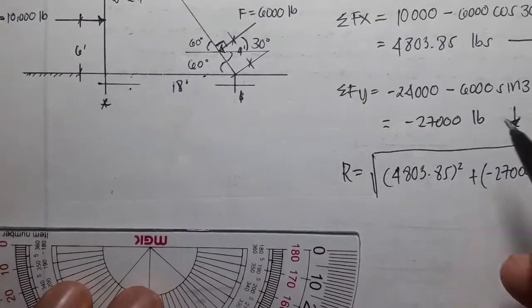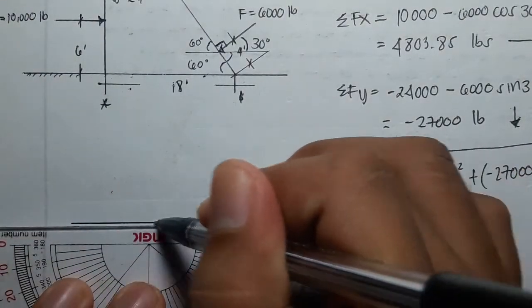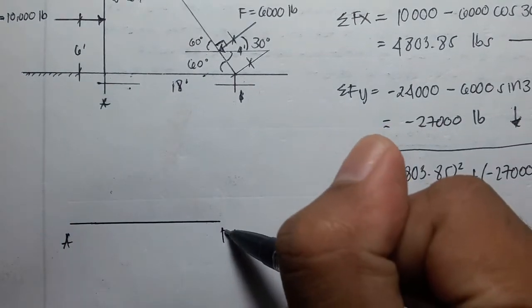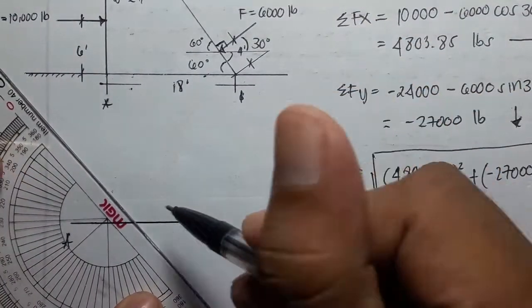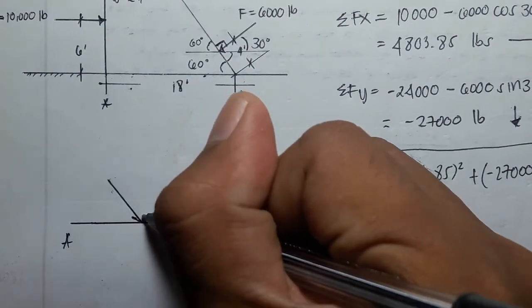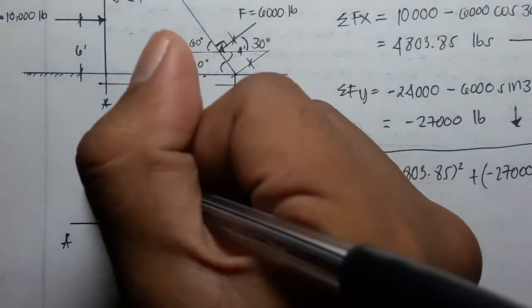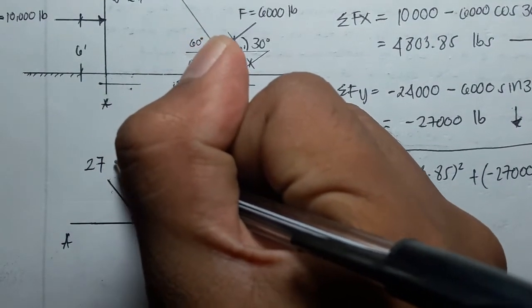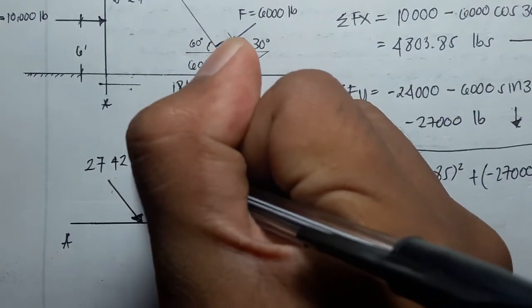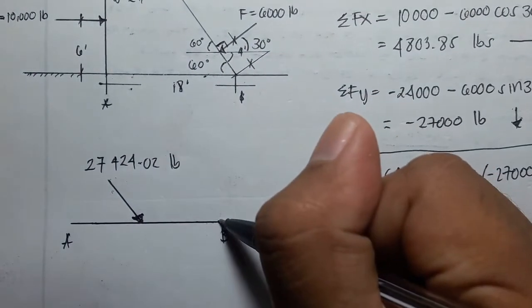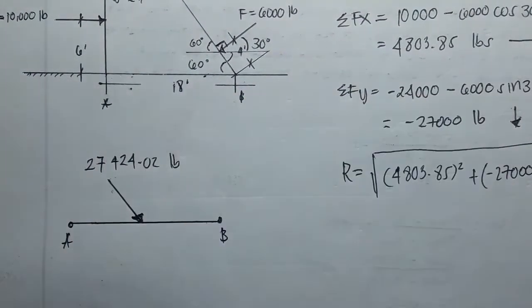We can draw the base here, A and B, and put the resultant here, which has a magnitude of 27,424 pounds. So this is point B, point A.